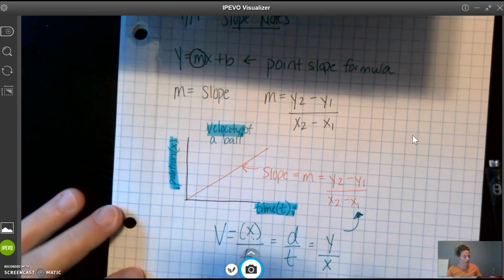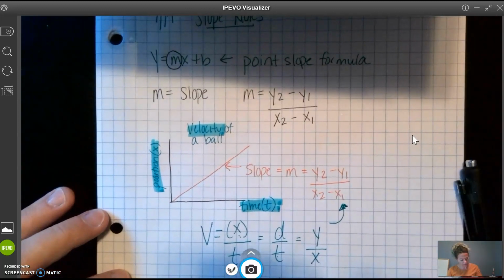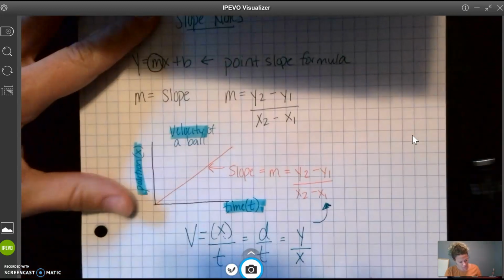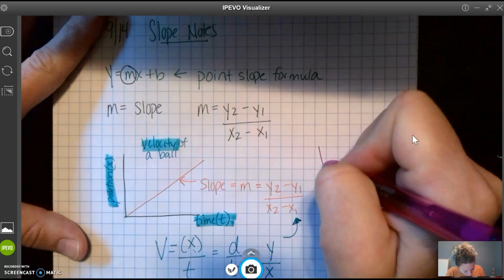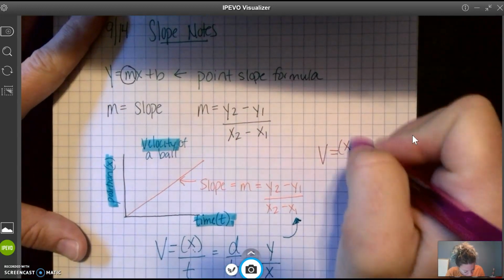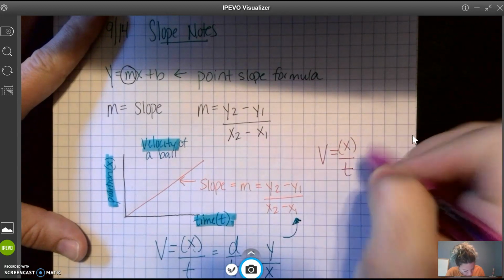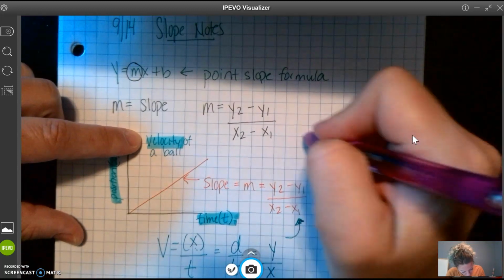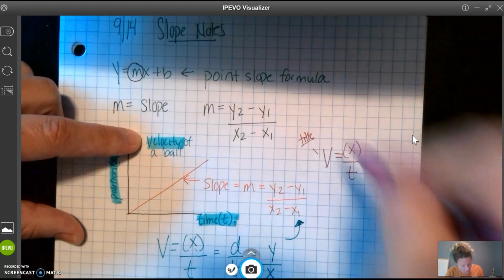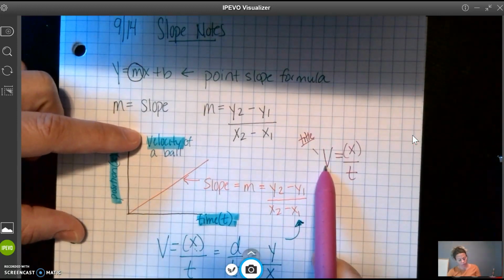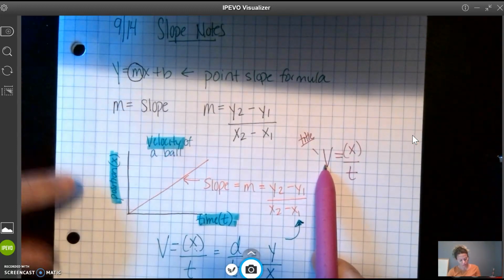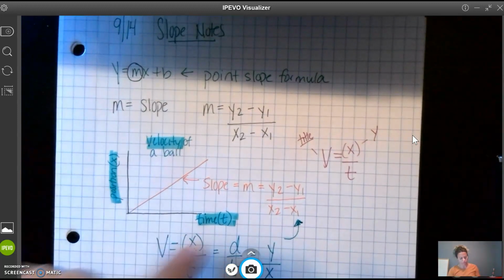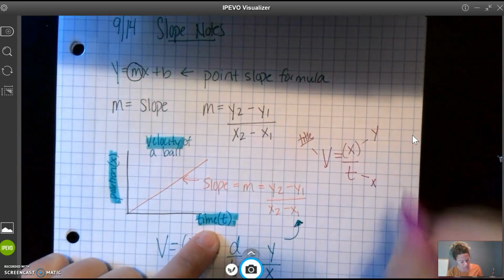Because when we are looking at equations, and just take a look at this, I can write V equals position over time. And the title will always be our variable that is isolated. Our y value will always be on top, and our x value will always be below.